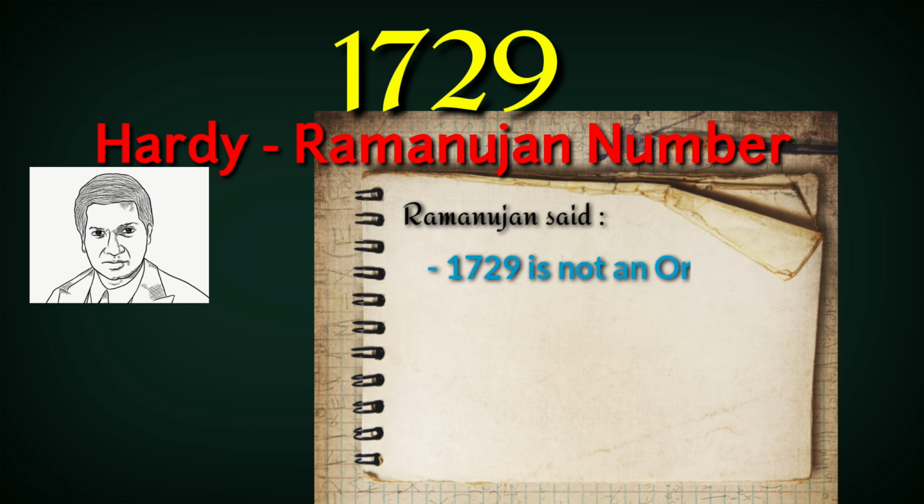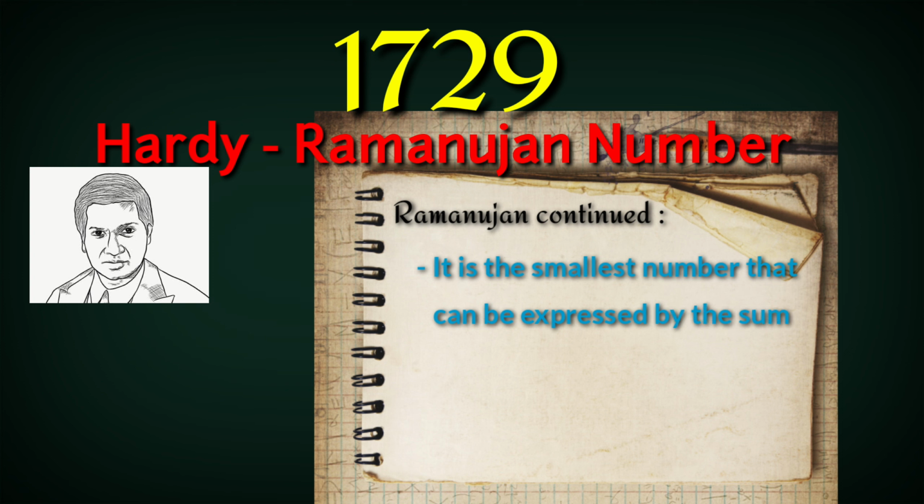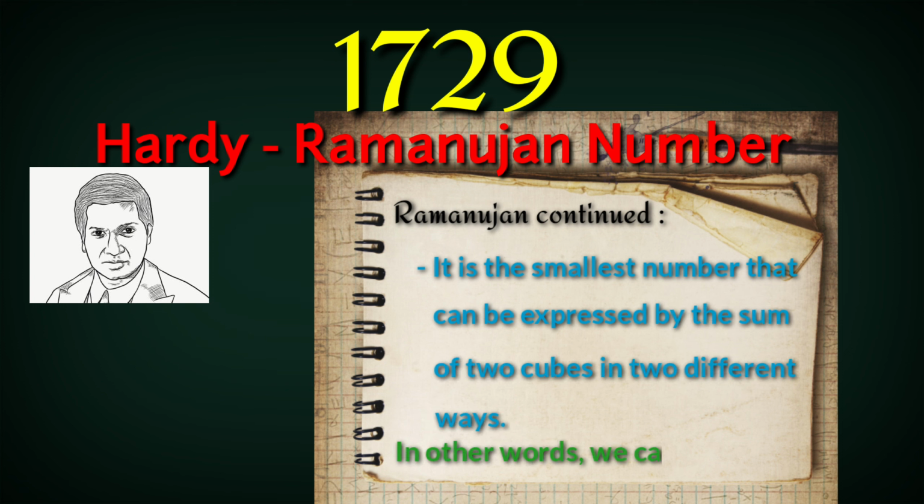He explained that it was the smallest number that could be expressed as the sum of two cubes in two different ways. In other words, 1729 is the smallest number that is the sum of cubes of two different pairs of numbers.